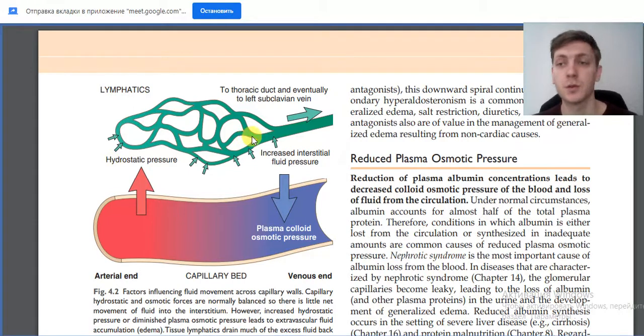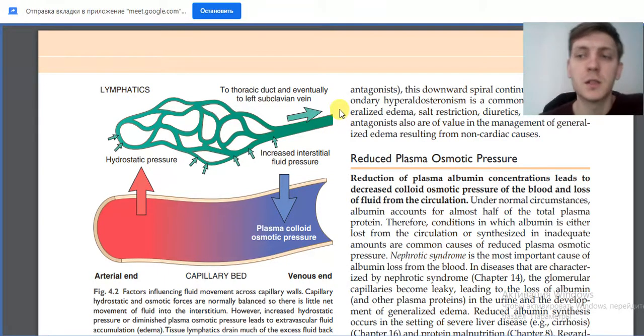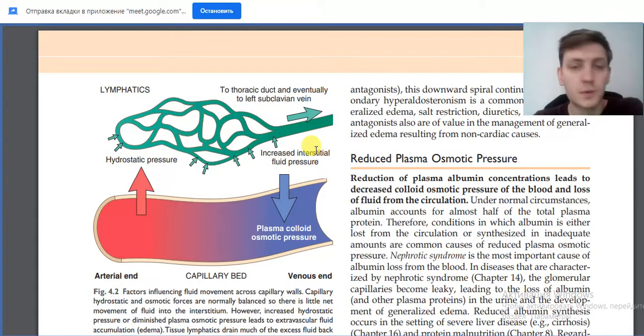Fluid collected in the interstitial space must be returned into the bloodstream through the lymphatic capillaries. It enters the thoracic duct, and then, as you remember, the thoracic duct returns back into the left subclavian vein, and all of this excessive fluid enters the blood.